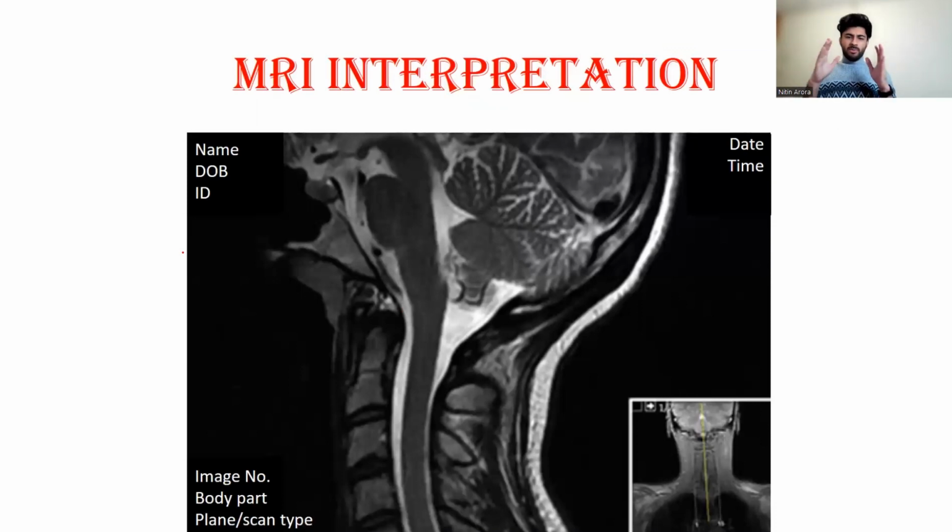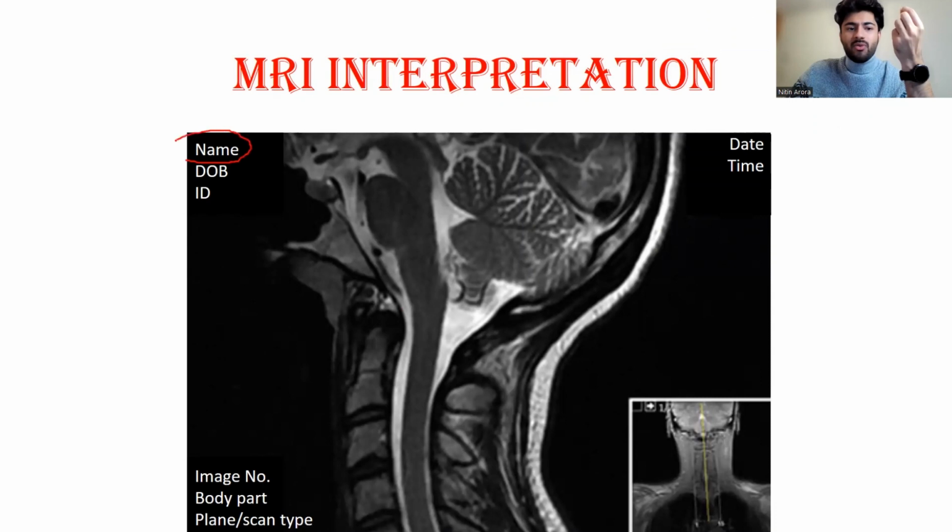Now comes the most important part that you people were waiting for, the MRI interpretation. This is an MRI of the cervical spine in front of you. The very first thing when you get an MRI slice in your hand is to see the name of the person, right?